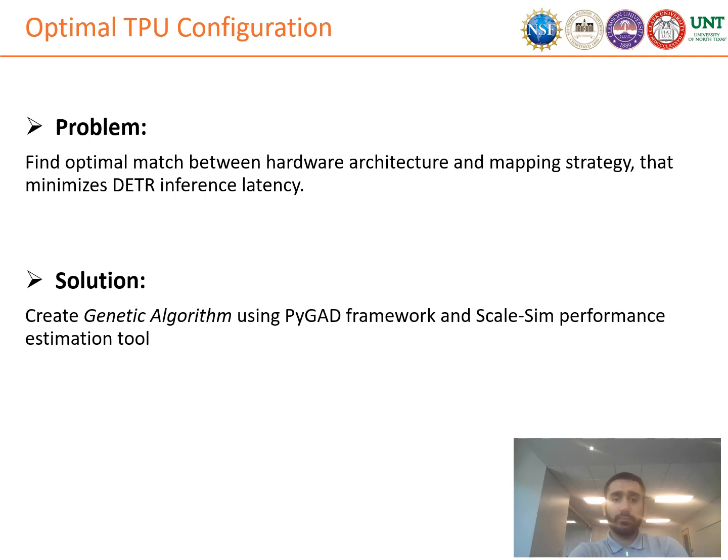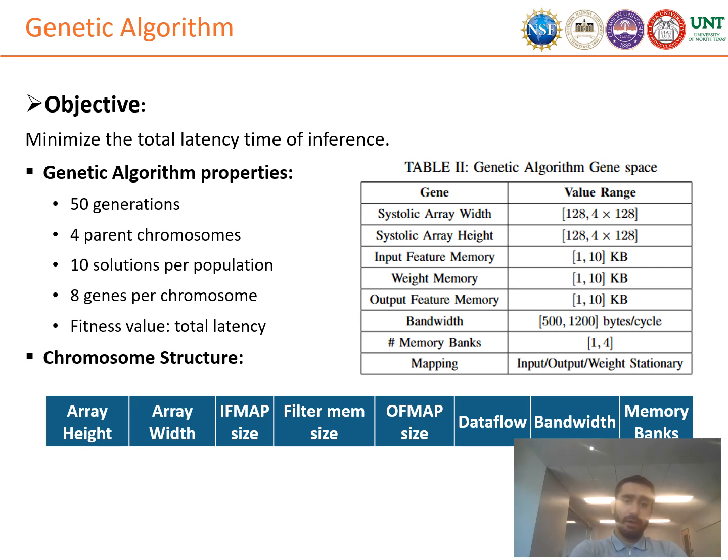Our solution to this problem is to create a genetic algorithm using the PyGAD framework combined with SCALE-Sim performance estimation tools to find the optimal TPU architecture. Our objective is to minimize the total inference latency in the genetic algorithm optimization.